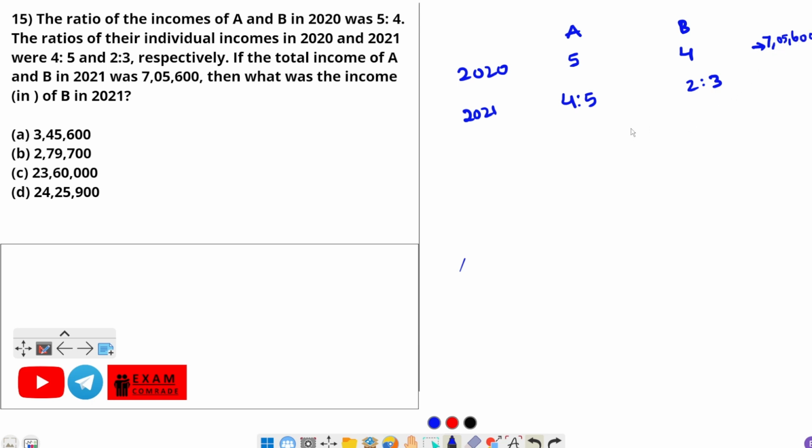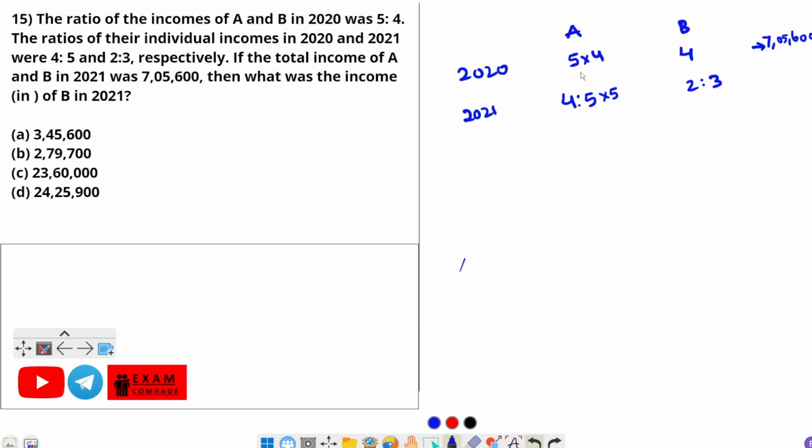First of all, we need to find out the ratios in 2021 which satisfy the given condition. First we need to make A's ratio 4:5. So I will multiply A in 2020 with 4 and A in 2021 with 5, so this will become 20 and 25.